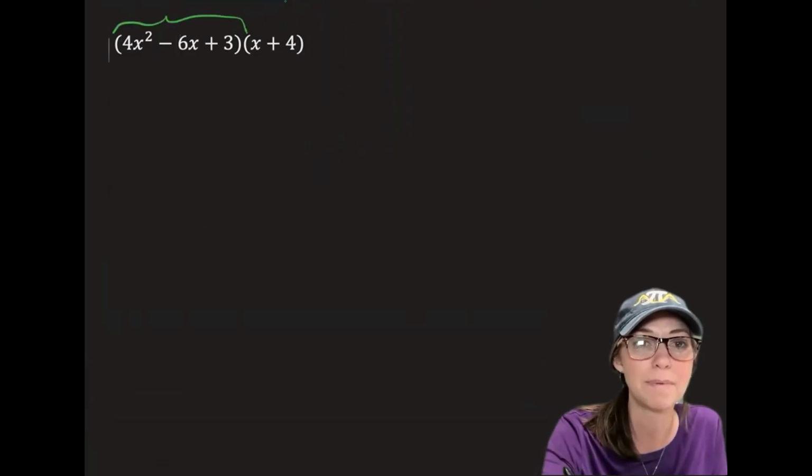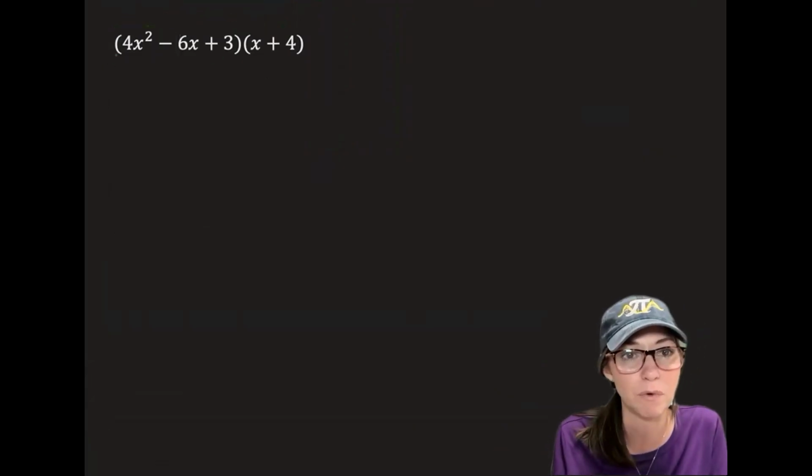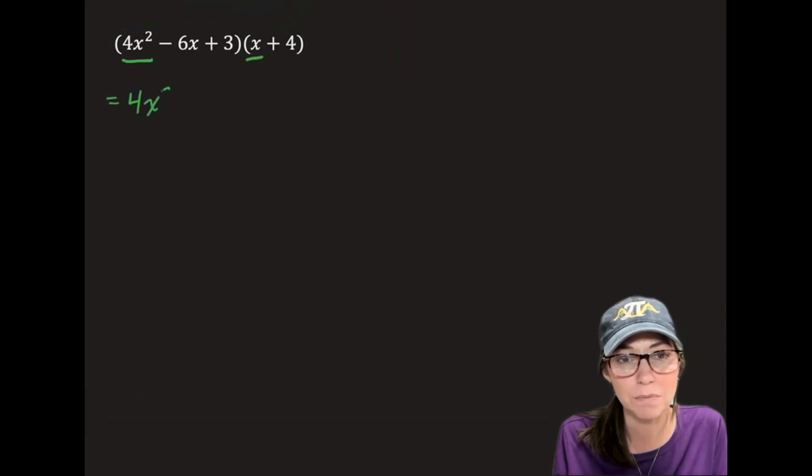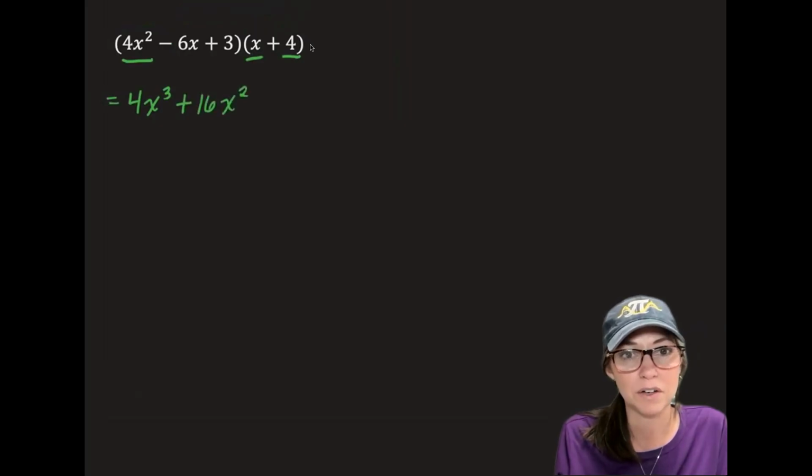And so what ends up happening, I'll go one at a time. I'm going to start with the 4x squared. We're going to do 4x squared times x. That's going to be 4x cubed. And 4x squared times 4 makes positive 16x squared. All right, I'm going to color coordinate this a little bit here. Now, next I'm going to move on to negative 6x. Negative 6x times x is negative 6x squared.